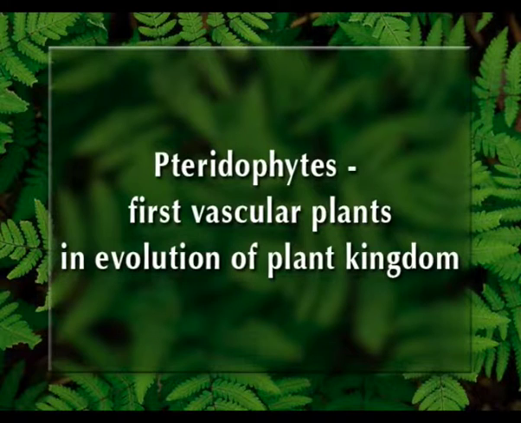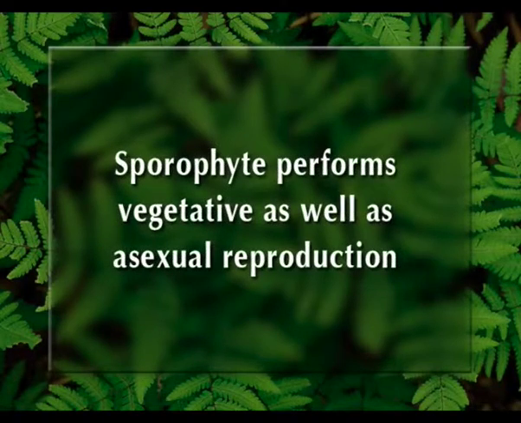So we can say the pteridophytes are the first vascular plants in the evolution of the plant kingdom which have developed a vascular system. The diploid sporophyte performs both vegetative and asexual reproduction.